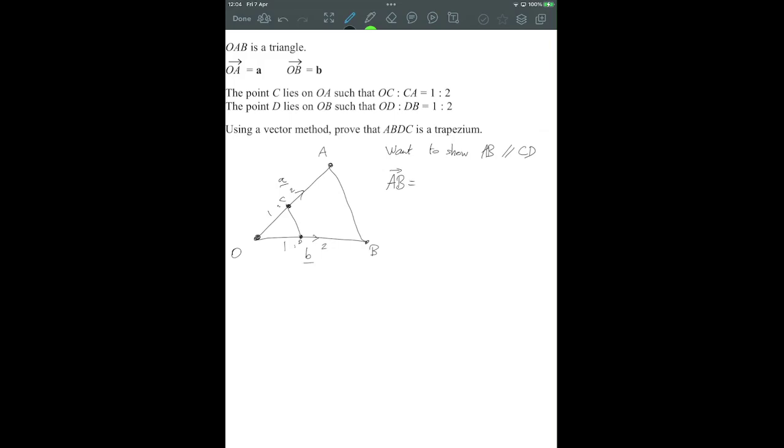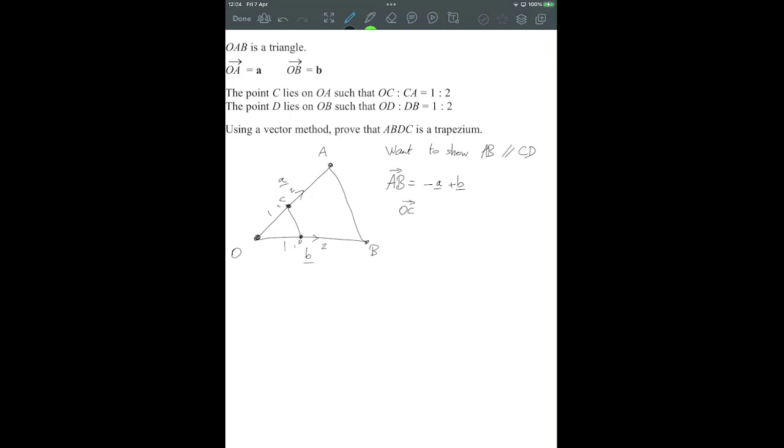If I'm going from A to B, I need to go backwards to the origin, negative A, and then forwards there. So AB is negative A plus B, or B minus A. C to D is going to be a lot harder. A couple of things we can say straight away.